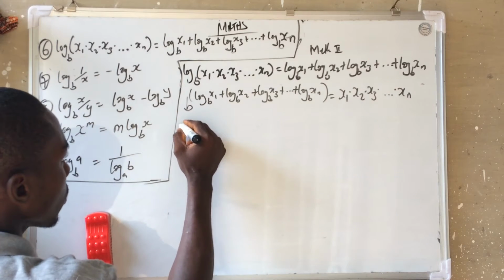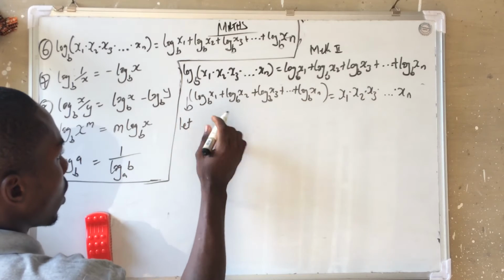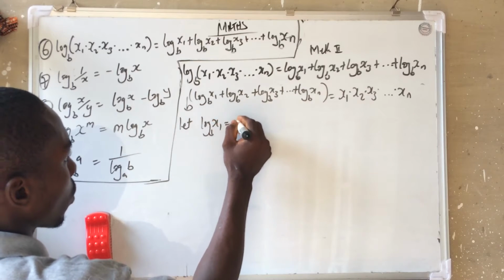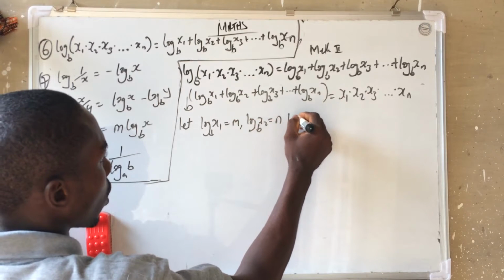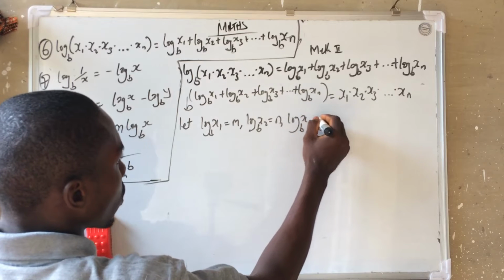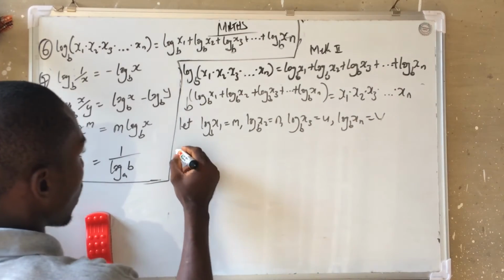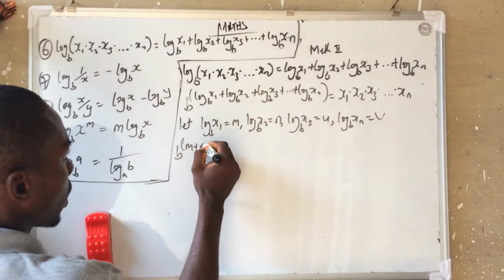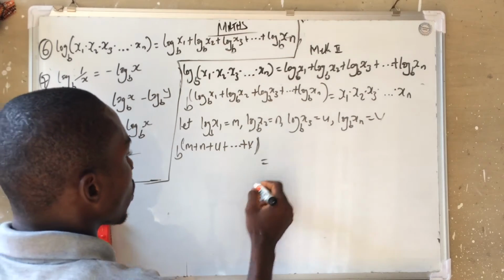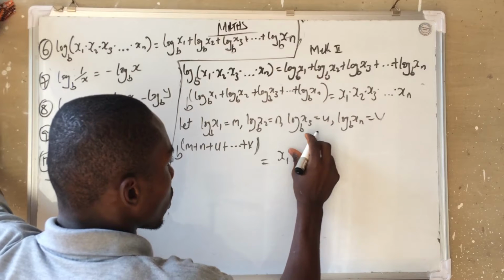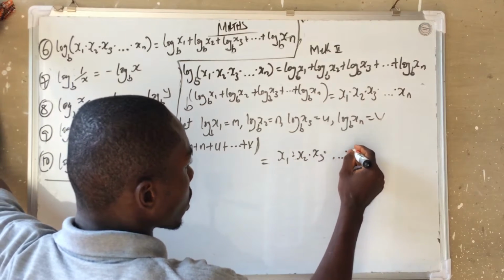Let log b x1 equal m, log b x2 equal n, log b x3 equal u, log b xn equal v. I'll now have that b raised to the power m plus n plus u plus ... plus v is equal to x1 dot x2 dot x3 dot xn.